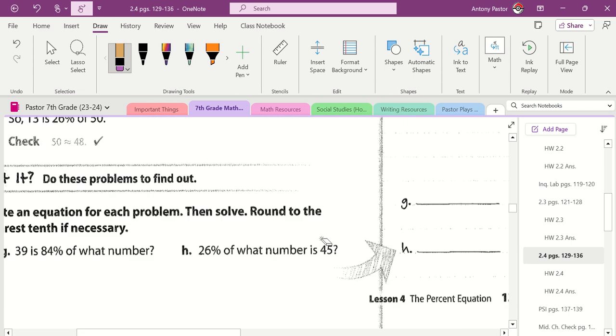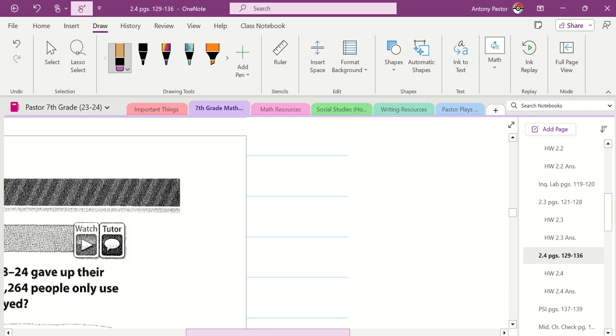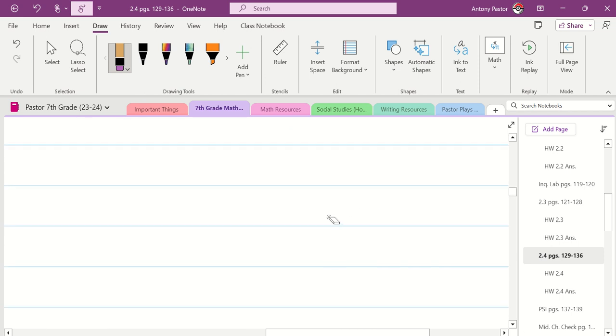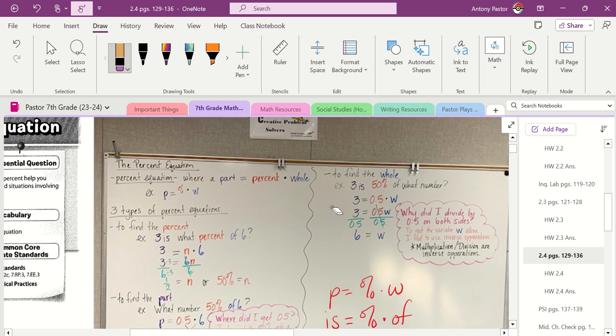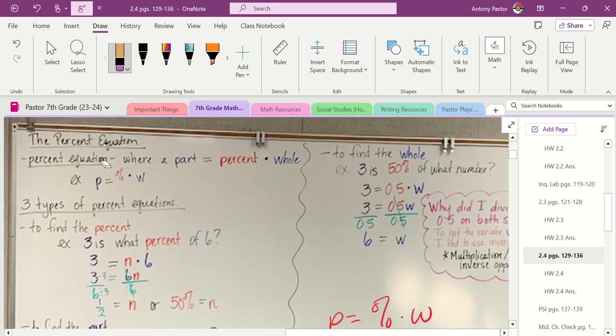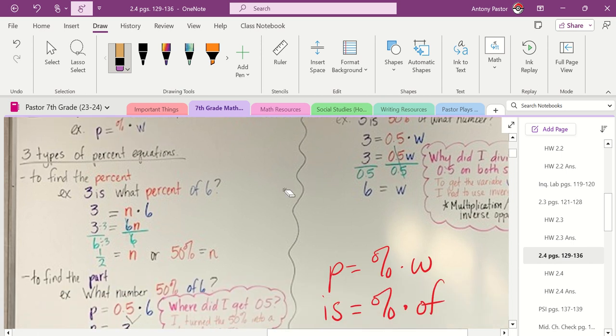We're going to go ahead and review our Steiner notes, and then we will call this one a lesson. So again, the percent equation is part equals percent times whole. Part is represented by P, percent is normally represented by N, whole is represented by W. There are 3 types of percent equations.